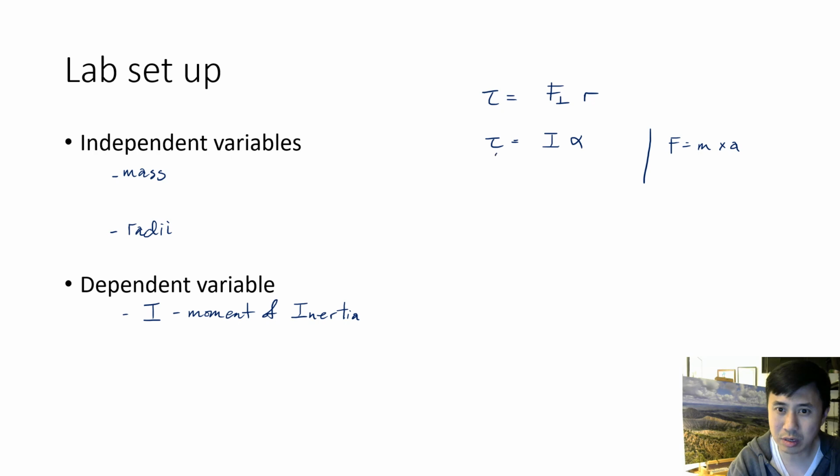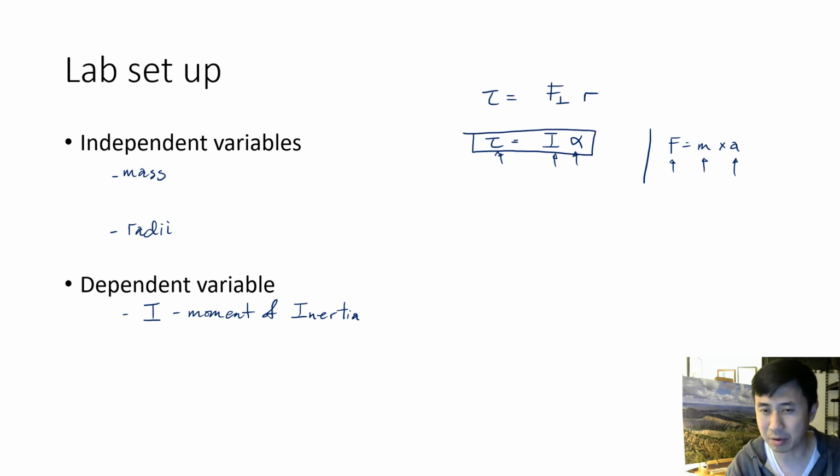Look, torque is the rotational version of force. I, the moment of inertia, is the angular version of mass, and alpha is the angular version of the linear acceleration. Right? So this is the equation that we're going to use to go through our lab. This is kind of our backbone equation.